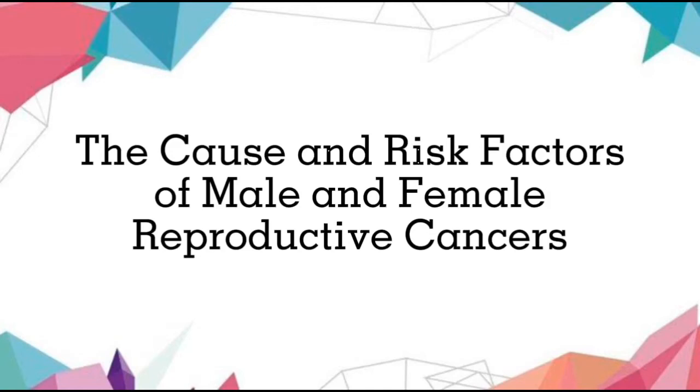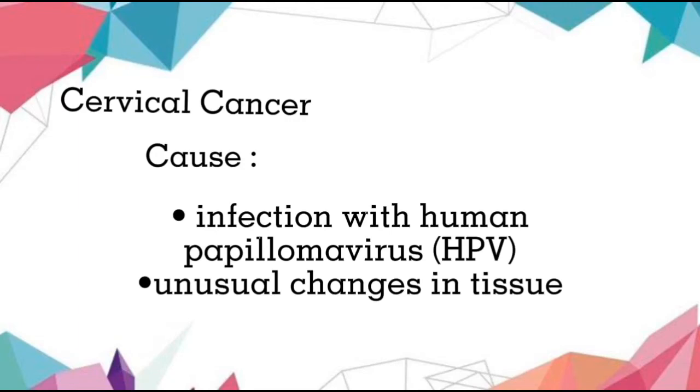And now I will discuss the risk factors and causes of male and female reproductive cancer. First is cervical cancer causes. Cervical cancer begins with unusual changes in your tissue.